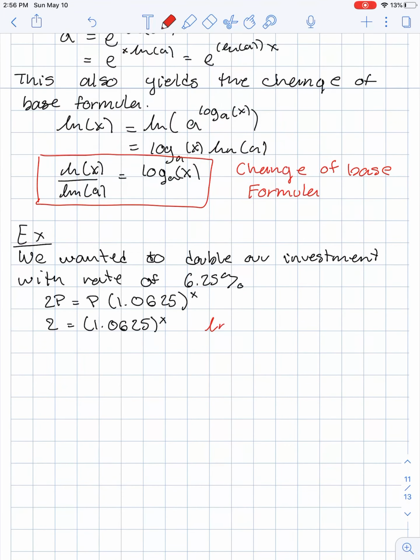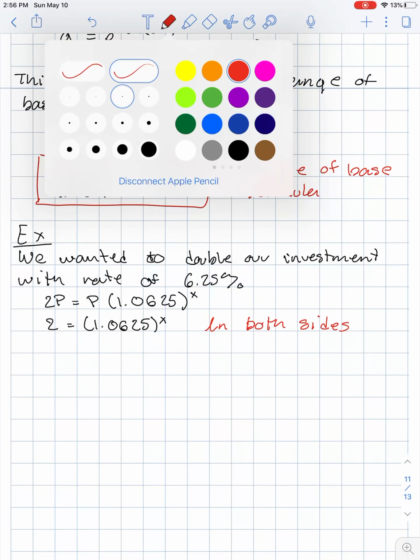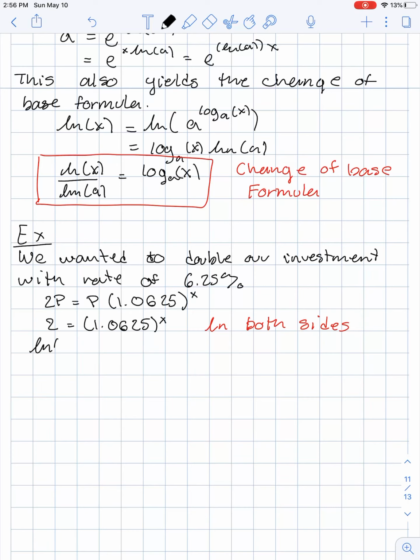Well, I can now take the ln of both sides. So we're going to have ln of 2 equal to the ln of 1.0625 to the x. Power rule says that x is going to become a coefficient.